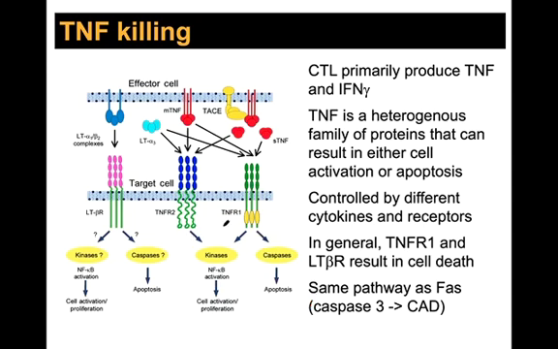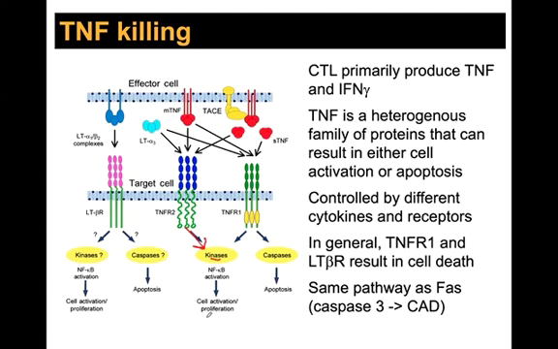If you go through the TNF receptor 2 pathway, that's generally thought to be an activating pathway. And so you get activation of kinases and differentiation of the target cell. However, that's not always true. You can also get activation of the killing pathway. All you really need to know is you can have both.